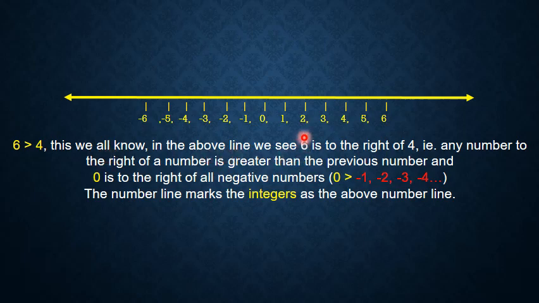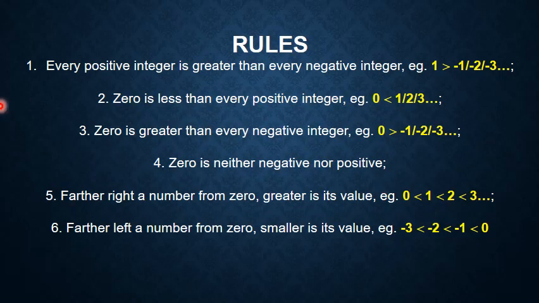In the above line, we see 6 to be on the right of 4. That is, any number to the right of a number is greater than the previous number. And 0 is to the right of all negative numbers. So 0 becomes greater than the negative numbers. It is greater than minus 1, minus 2, minus 3, minus 4, and so on. The number line marks the integers as the above number line.